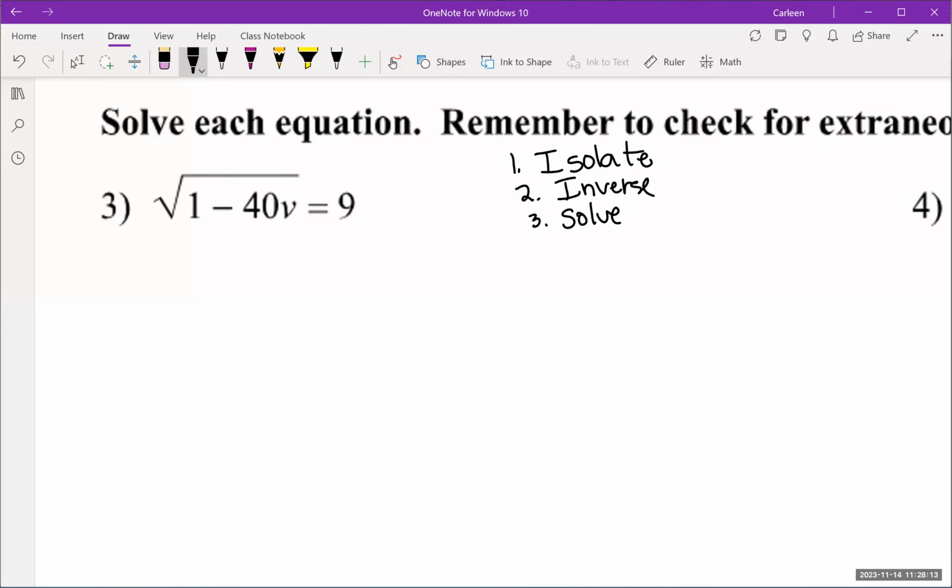Can I add, subtract, multiply, or divide anything? Or are all those numbers stuck in the house? They're stuck. Do we see that the 1 and the 40 are stuck in the house? So no isolate. I'm going to do the inverse. So what am I going to do to both sides? I'm going to square both sides.